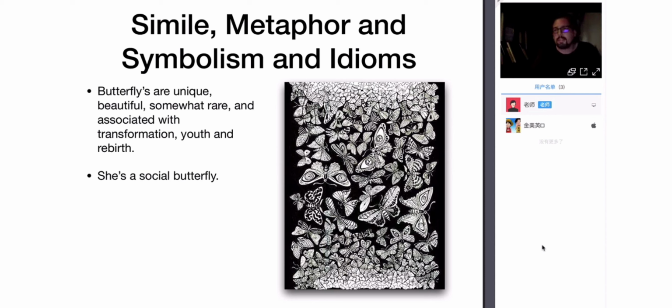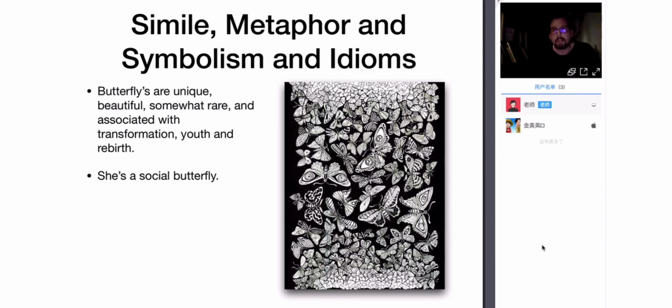Butterflies, a symbol, excuse me. Yeah, rose is a symbol. Butterfly is a symbol. So butterflies are unique and beautiful, somewhat rare and associated with transformation and youth and rebirth. Like the butterfly spends most of its life as a caterpillar and goes into a cocoon.